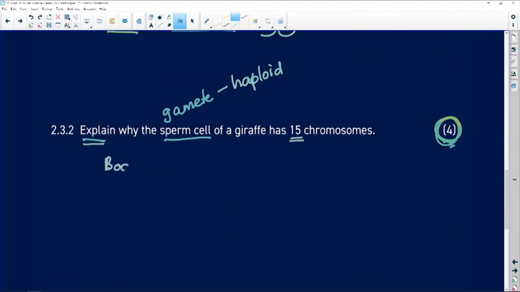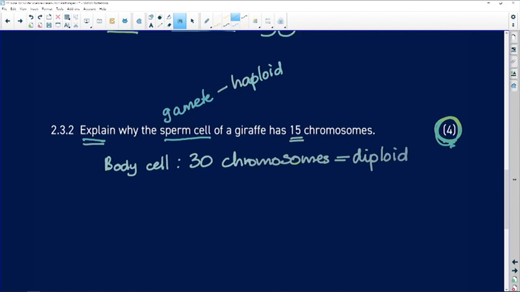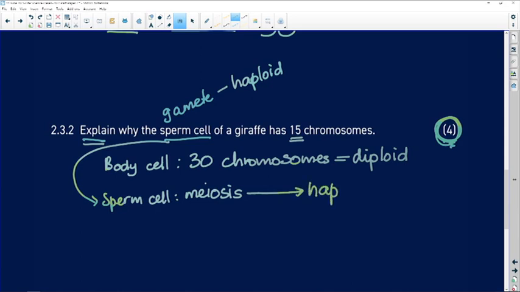The body cell, you could also use the word somatic cell, has 30 chromosomes. And I would say that then you need to say that this is the diploid chromosome number. In the sperm cell, we've undergone, or the giraffe has undergone, meiosis, which is the reduction division. And at the end of meiosis, we end up with haploid gametes.